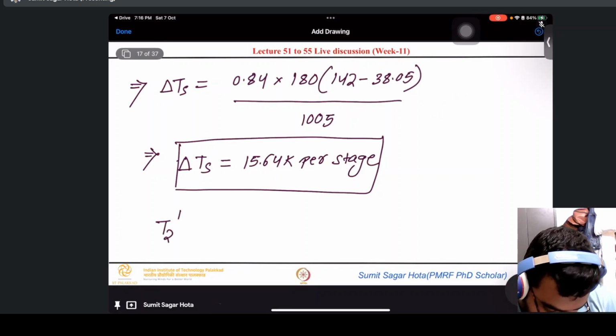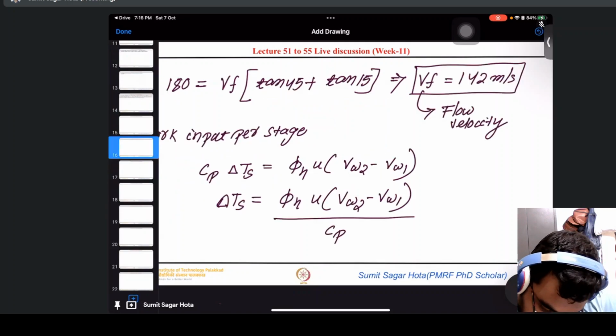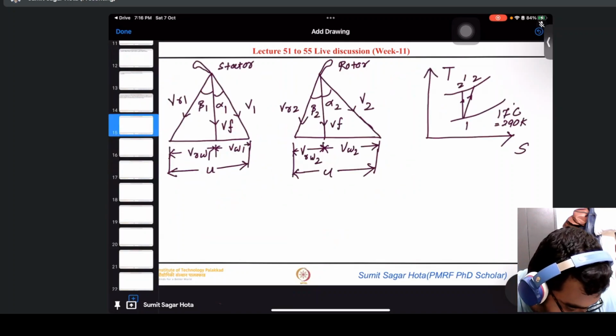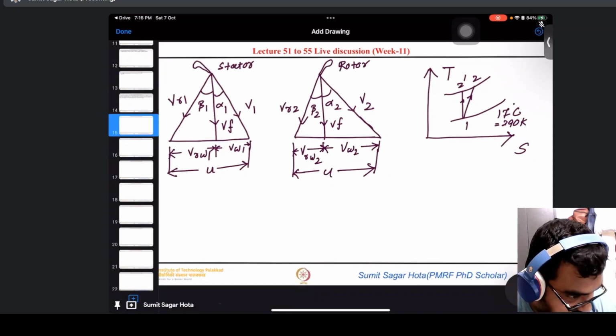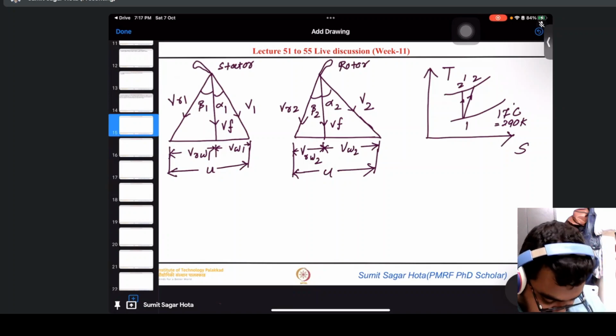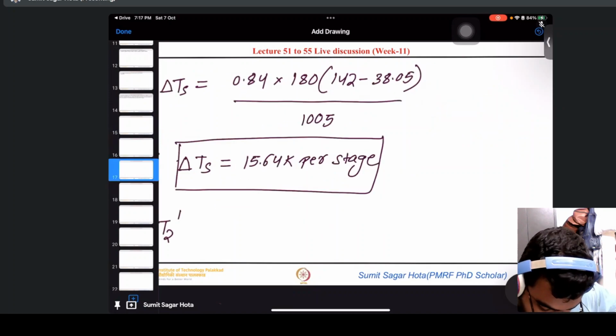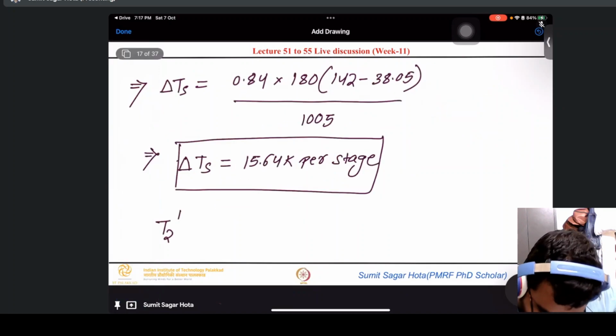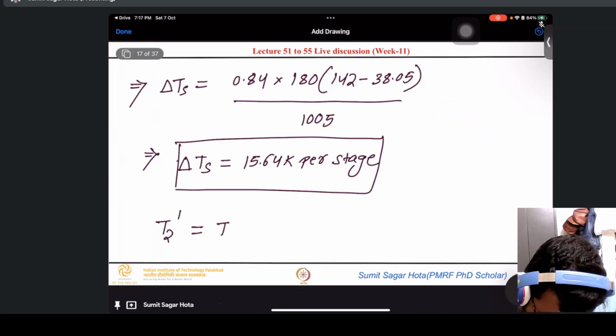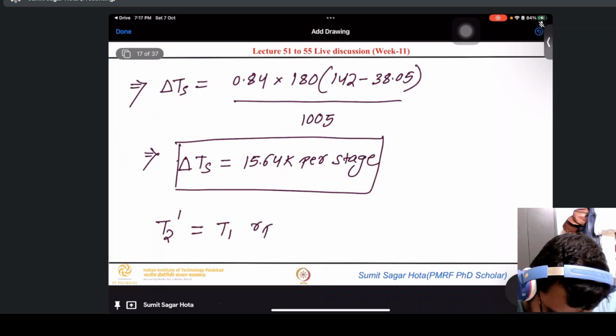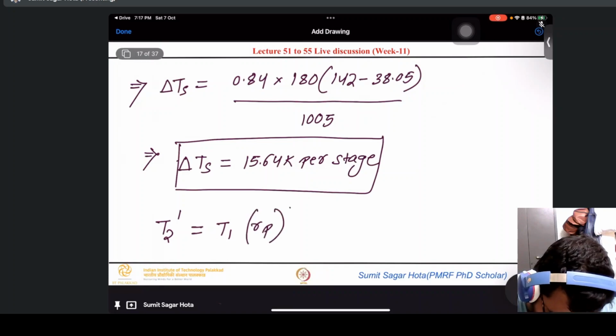What is T2 dash? How do you find it from this graph? T2 dash will be your T1 into R to the power gamma minus 1 by gamma, and what is your R or Rp? More precisely, Rp is your pressure ratio. T2 dash equal to T1 into Rp to the power gamma minus 1 by gamma.